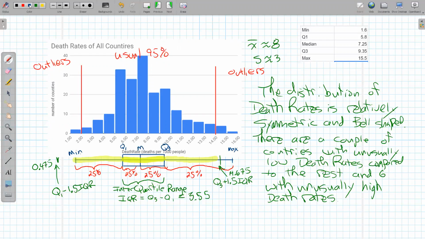Other things I might add to my description is that narrower middle part, right? Notice the second and third quarters. And again, we want to differentiate between a quarter and a quartile. This range of numbers in here, that's the second quarter.